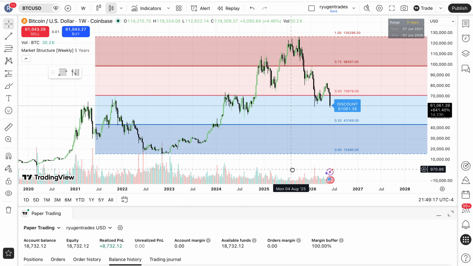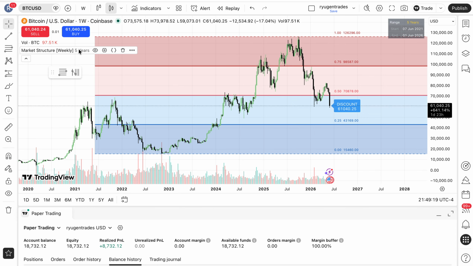So my custom indicator now, I've switched it to 5 years. At this price point earlier this year in May, price was still at the premium. This is the balance point right here in the middle at 70,000. Now for me to go long, price has to come to discount or at the deep discount level.